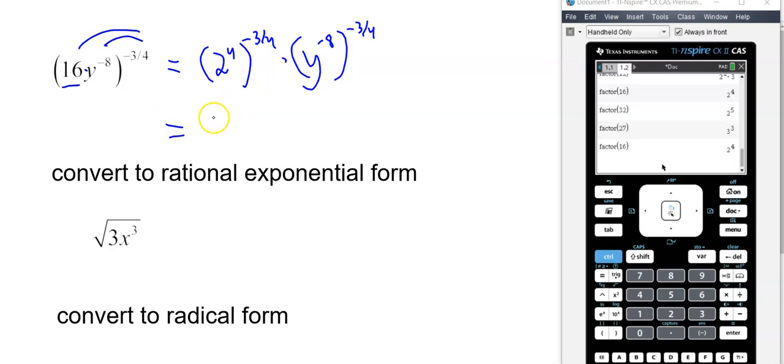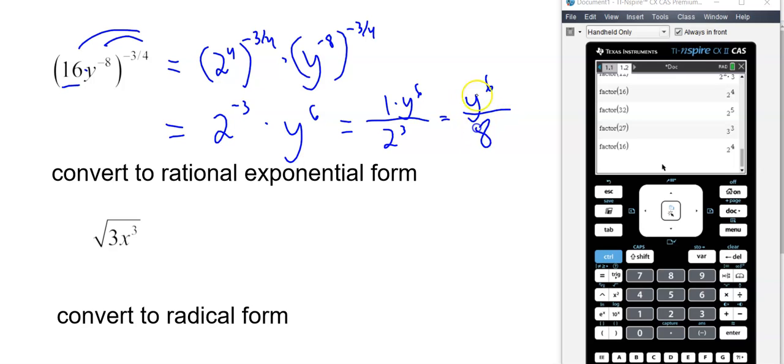Simplify that a little bit, so that'd be 2 to the negative 3 times y to the positive 6, which is 1 over 2 to the third, so y to the 6th divided by 8.